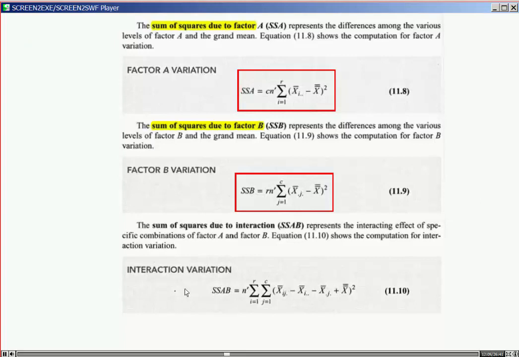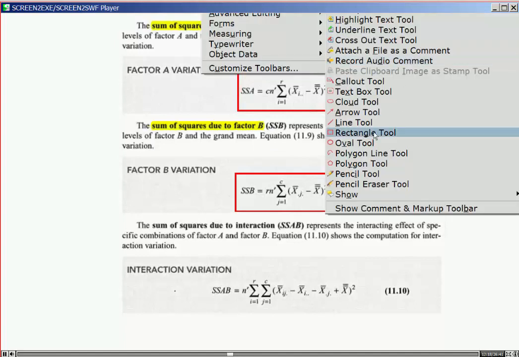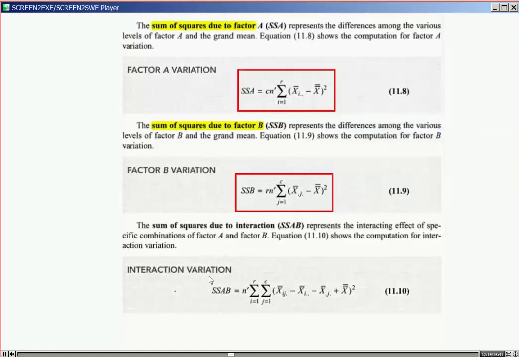Okay. And here comes the interaction variation. As I mentioned, they suddenly switched to the word combination. But we only have N prime, because for interaction values we don't need C or R. We already counted for those.